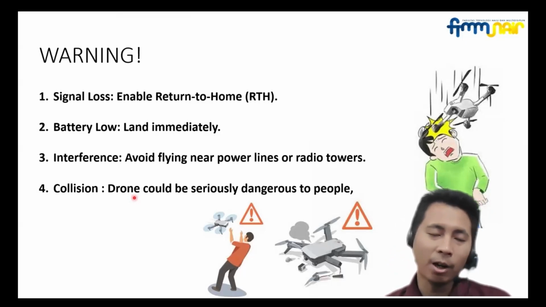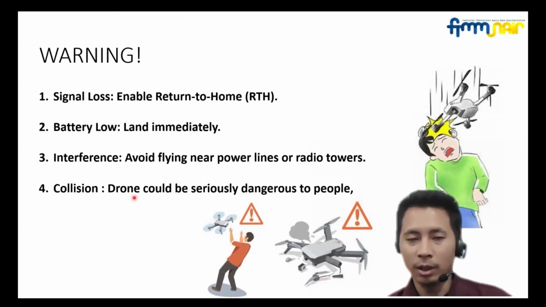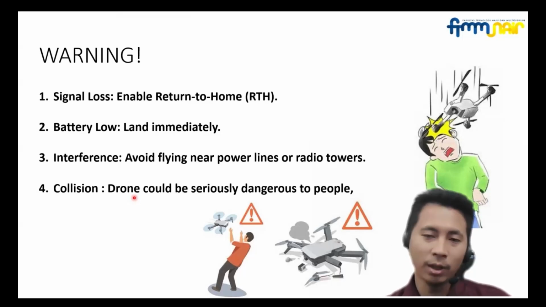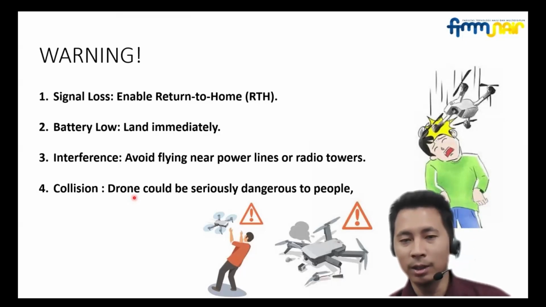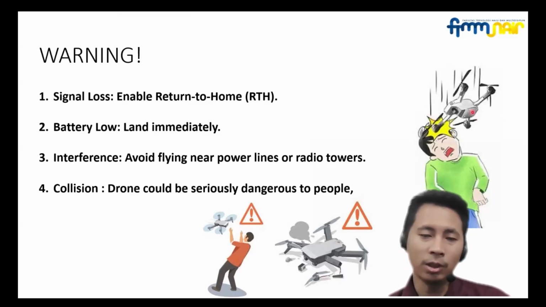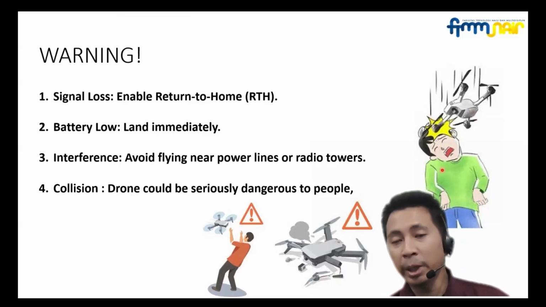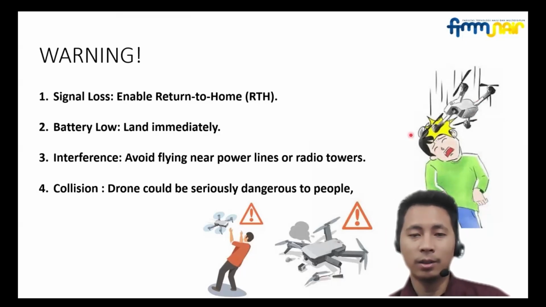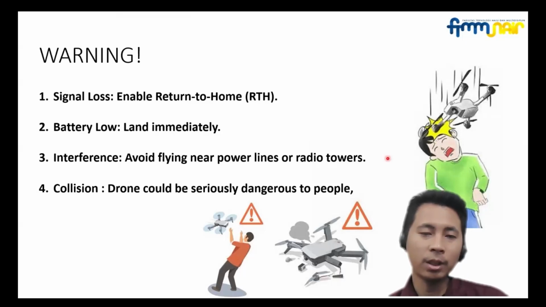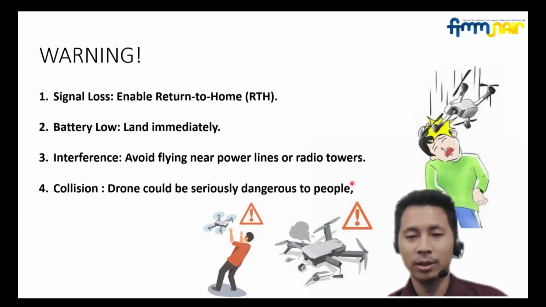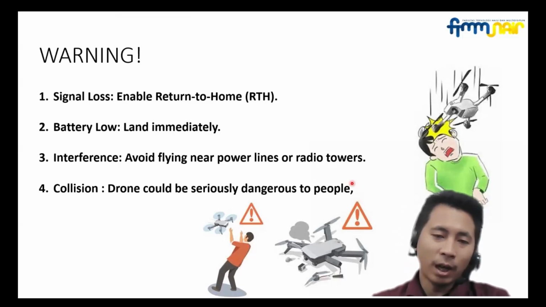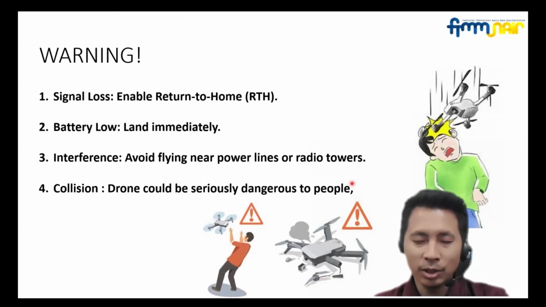If it collides with your head, like in this picture, it can cause injury. So make sure you avoid collisions, and the first thing that you have to avoid is people. So I think this is a tip for you.